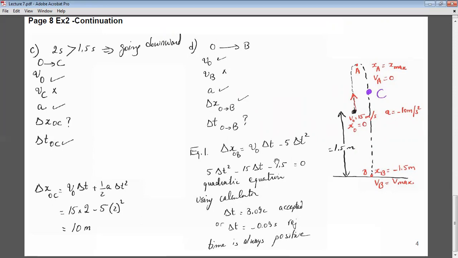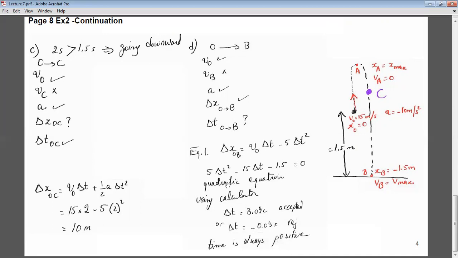Okay. So take it here, 5 delta T square, and get the other side as well, minus 15 delta T, minus, yes, delta XOB is minus 1.5. So minus 1.5 equal to 0. This is actually a quadratic equation, where you use the calculator.